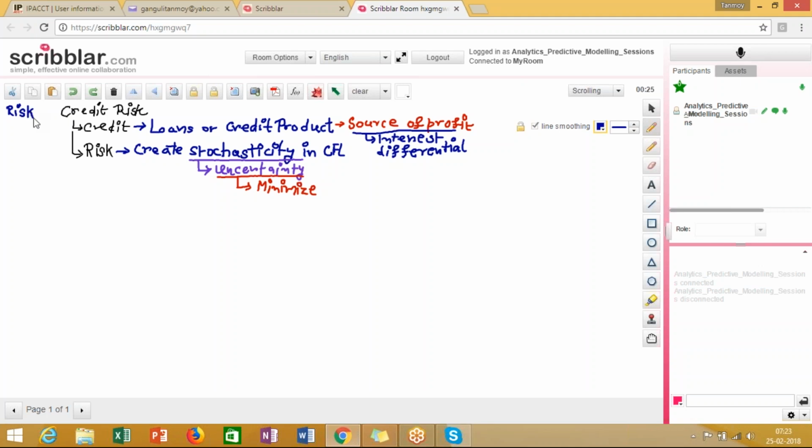So using credit risk models, we are trying to form an understanding of who the borrower is, how good or how bad the borrower possibly can be. Once he's given the loan, it helps us understand whether a borrower goes into default or not. That is where these risk management strategies come and play their role.